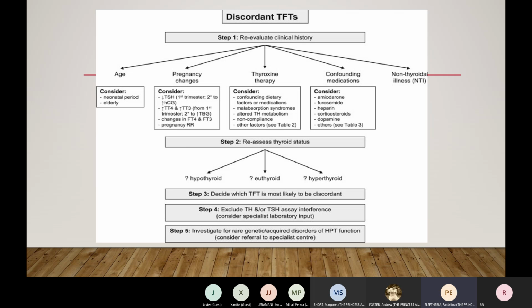And don't rush to treat them or misinterpret and make a diagnosis. You always need to evaluate your clinical history in relation to your blood tests. Parameters like age, pregnancy status, and concurrent illness obviously need to be taken into consideration.